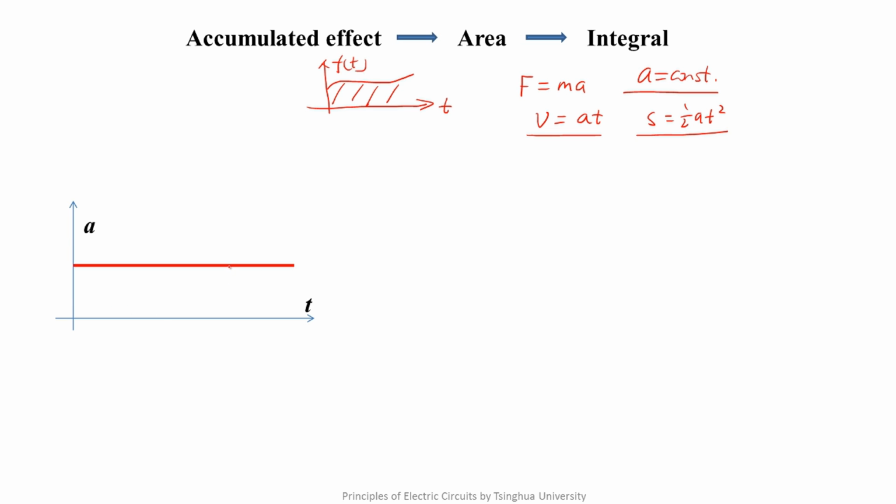If we want to know the accumulated effect at t equals capital T, we can solve the dashed area from t equals 0. It's easy to solve. It's a rectangle. The length is capital T and the width is a. So its area is a times capital T. You can find that it's the same as v equals a t, which is illustrated above.